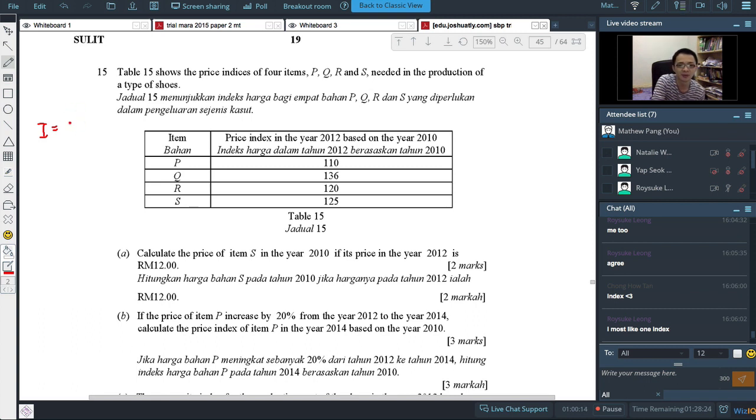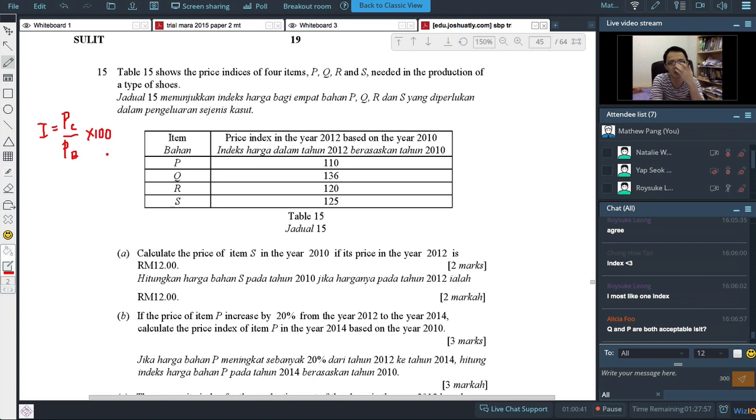So something like price for the specific year you want over price of the original year, which they call the base year. Never mind, I just use some more common one. So something like price for current year over price for base year, multiplied by 100. Okay, this is the index number.